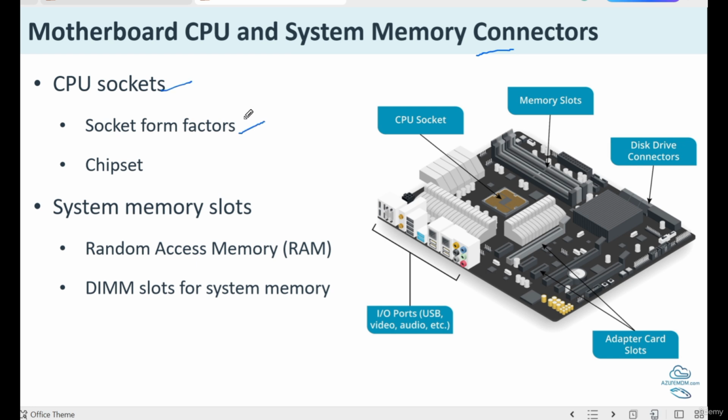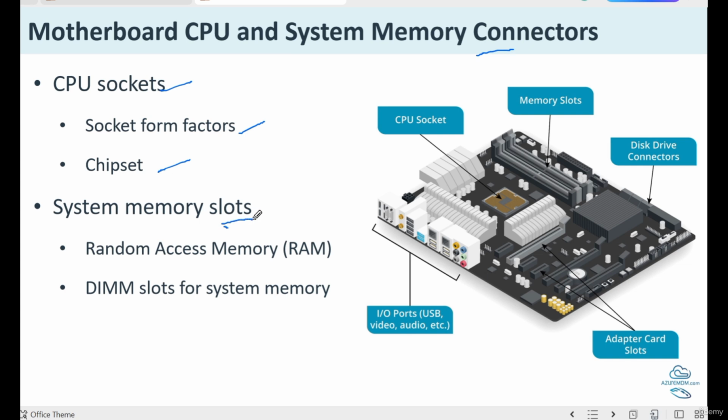Socket form factors. The shape and size of the CPU socket, for example LGA and PGA, decides which processor fits into the motherboard. The chipset is the motherboard's brain that controls how parts like CPU, RAM, and storage talk to each other.